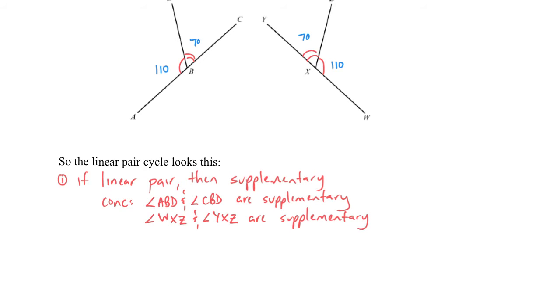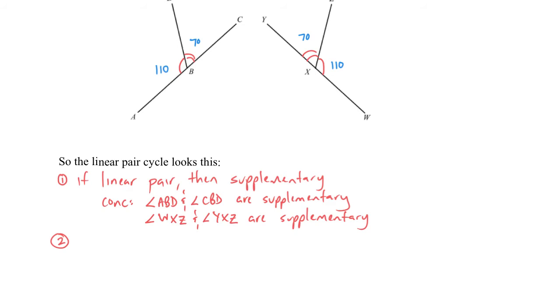Okay, now in step two, we need to know that these parts are congruent. Typically that's going to be given information, but it might come from some other way. Maybe, I don't know, parallelogram. Maybe somehow you know that these two angles are congruent.